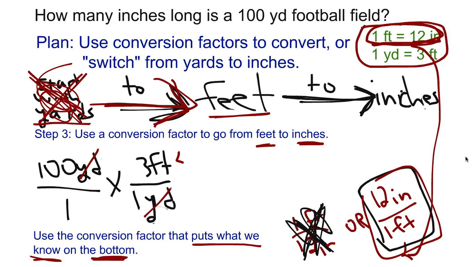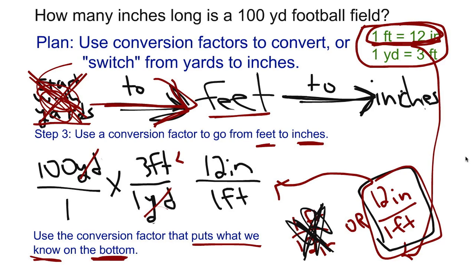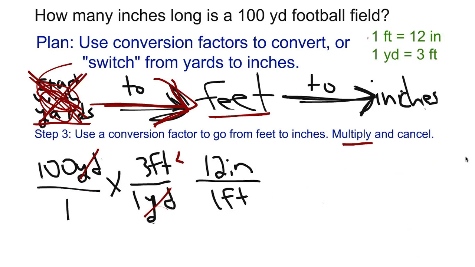So we take this one and we're going to bring this over, and we're going to write 12 inches divided by 1 foot. And then once again we multiply, and since I have feet on top and on the bottom, you can probably guess what's going to happen next.